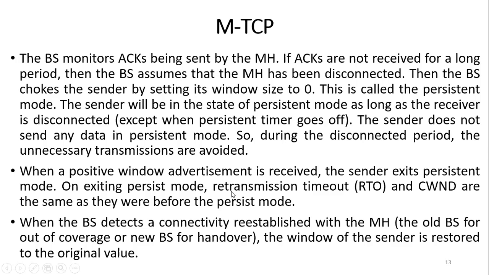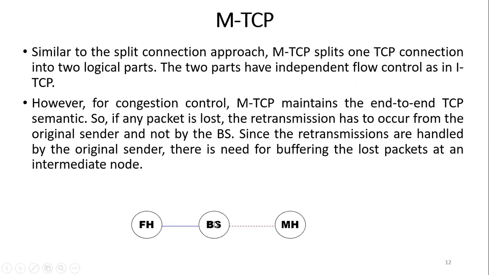Well, the BS always monitors what is happening here. When the BS realizes that there is a sudden wireless link disruption, and data transfer is not possible for some period, it sends to the sender a TCP header. We know that there are TCP acknowledgements or some packets in the reverse direction, which include the advertised window, how much it should put in the link for transmission.